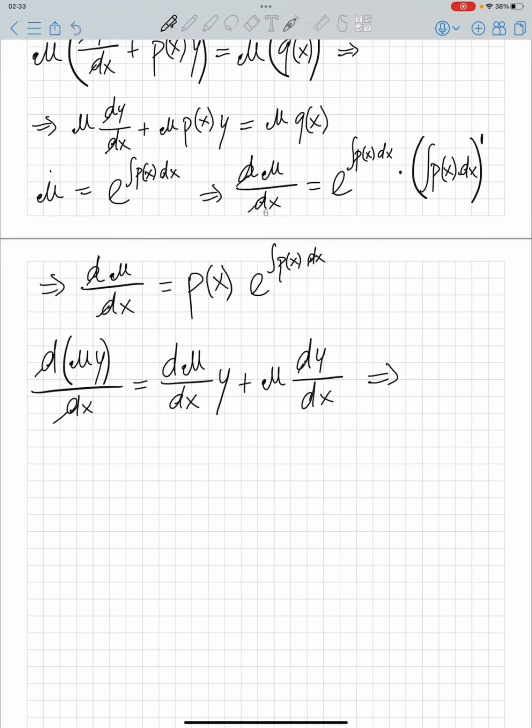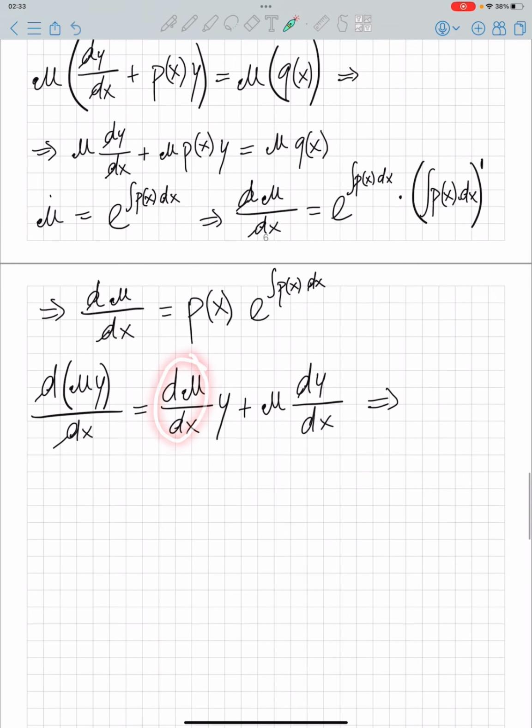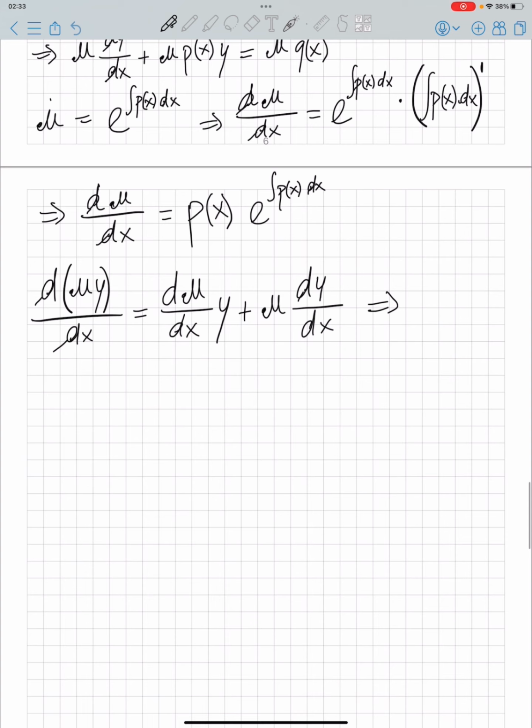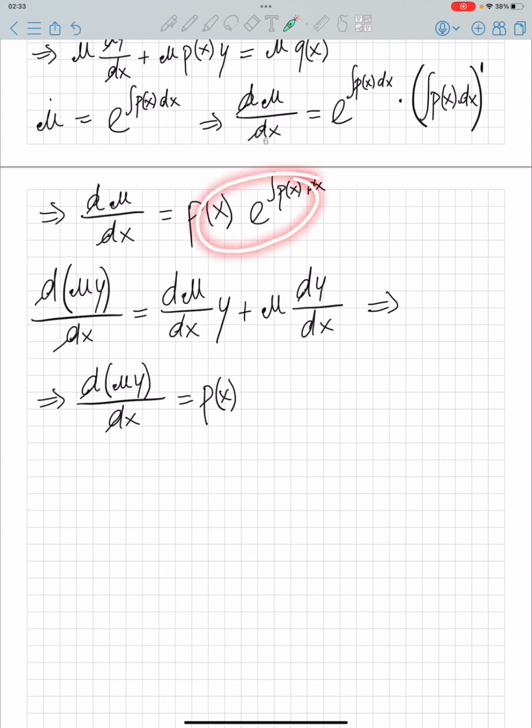Our d mu dx, it was already found here, so we just gonna substitute it here. So we have d mu y dx is equal to p of x, so we're gonna copy this one here, p of x e to the power integration of p of x dx, which is this, then we multiply by y, right, then plus mu dy dx.